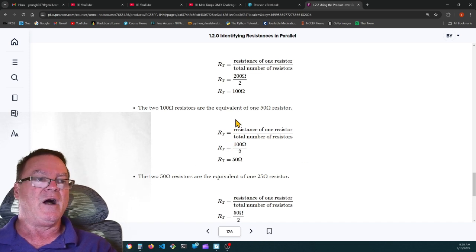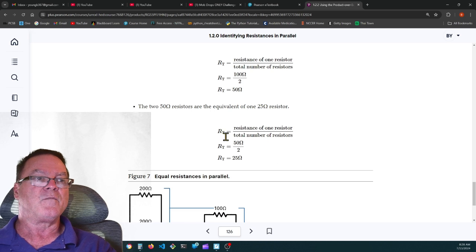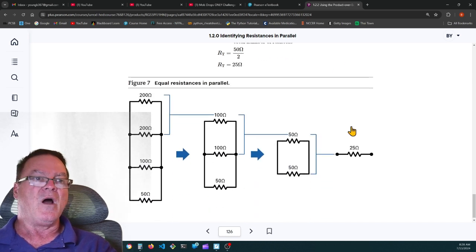Here they're doing two 100 ohm resistors in parallel, and 100 ohms divided by 2 is 50. The two 50 ohm resistors are the equivalent of one 25 ohm resistor. Oh, I see. They have this figure 7, the equal resistances in parallel.